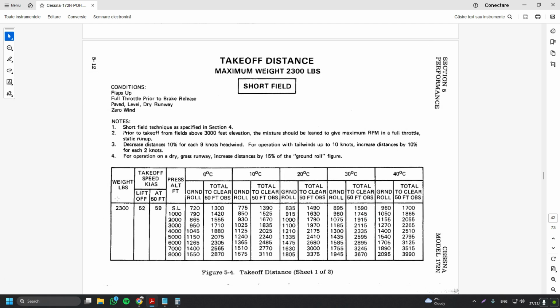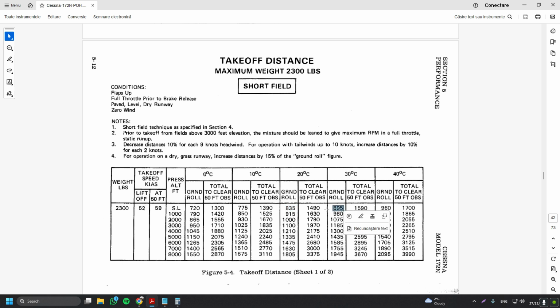Okay, let's look at the table. 2,300 pounds, so perfect. Sea level, okay. Temperature 25. Again, we cannot meet the 25 marks, so it's something between 20 and 30. It's actually the medium between those two. So at 20 degrees Celsius we have a ground roll of 835, and at 30 degrees Celsius we have a ground roll of 895.